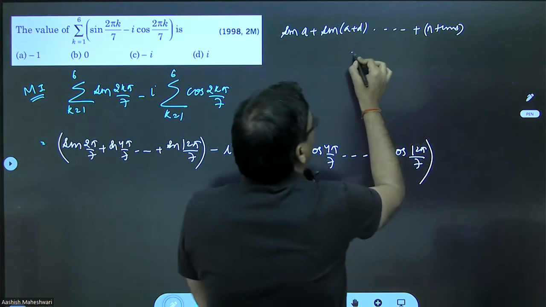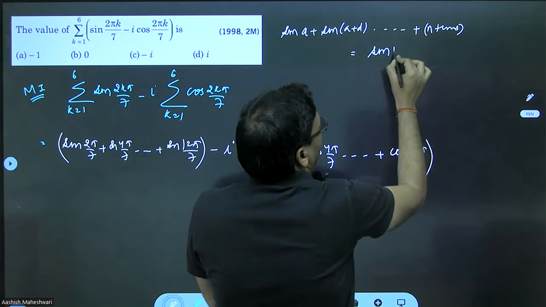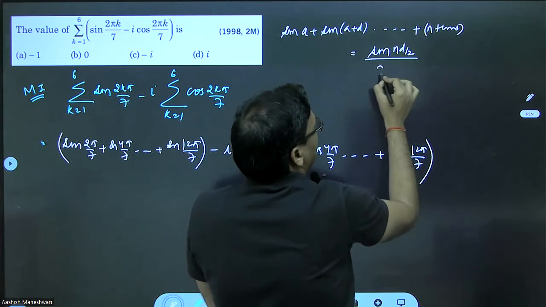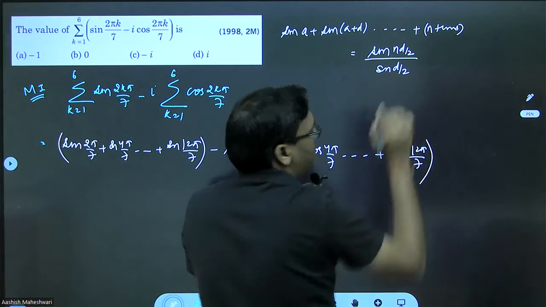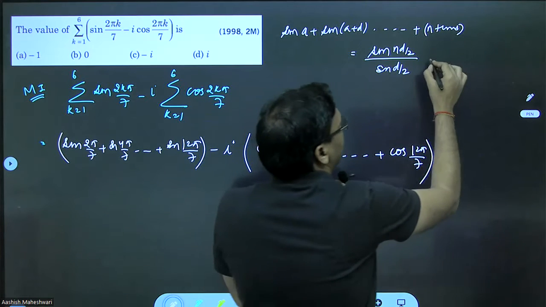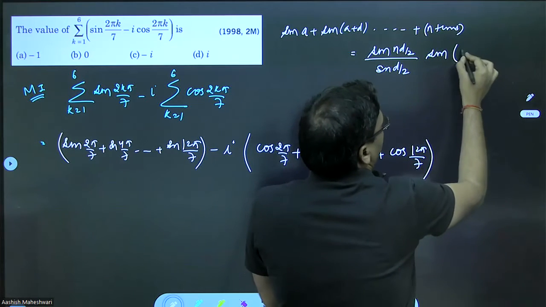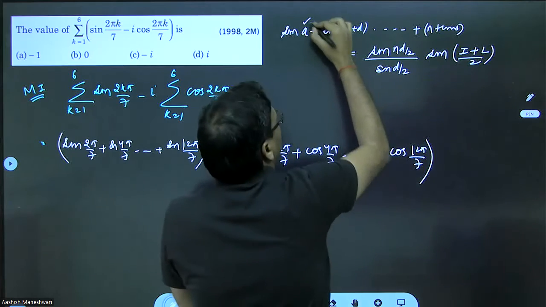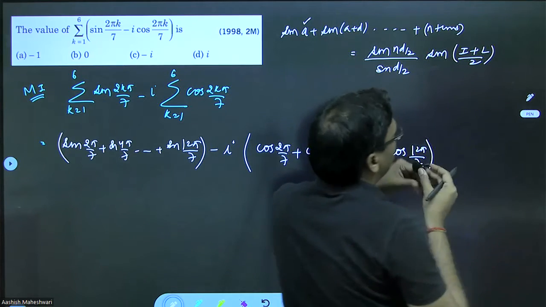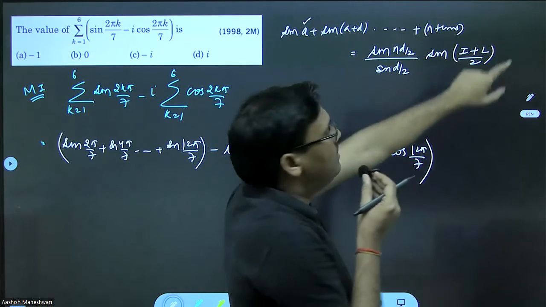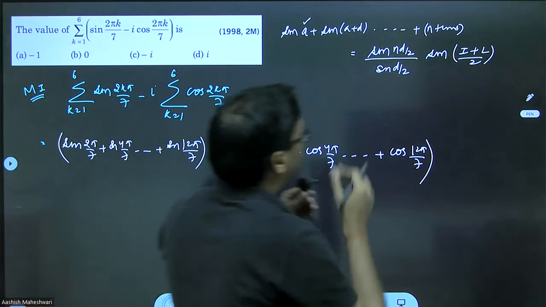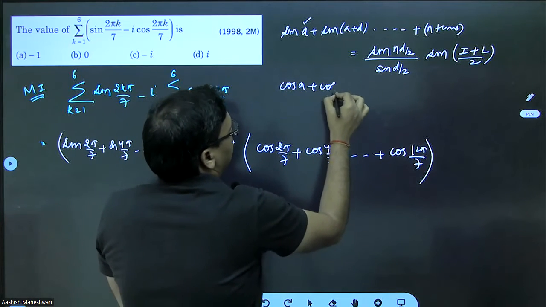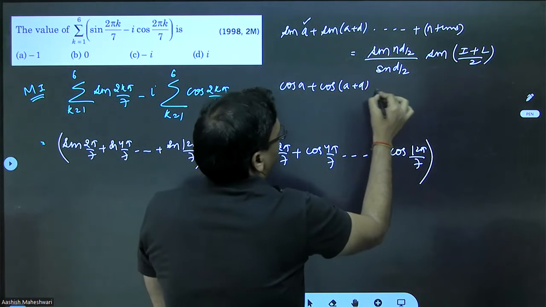This is sine of n into difference by 2, where n is the number of terms, upon sine of difference by 2, into sine of (first angle plus last angle) divided by 2.